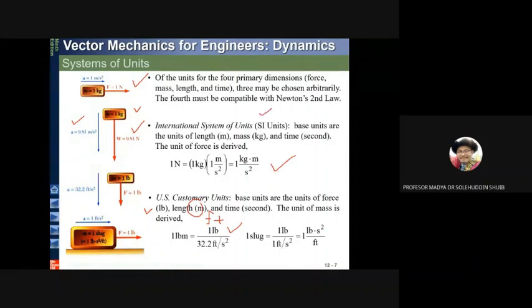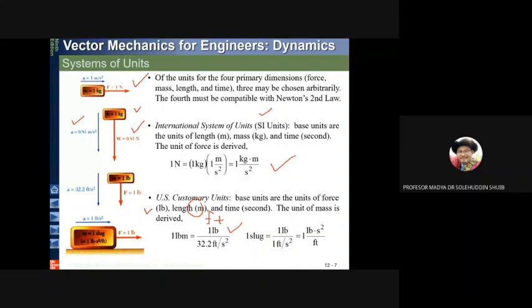How about US customary? For US customary, we start from here, and we relate with this equation. We have 1 pound force, and then we have acceleration, which is 1 foot per second square, and then the mass.